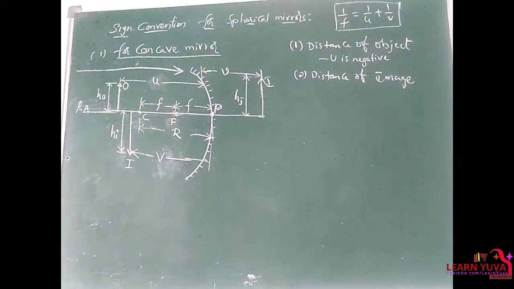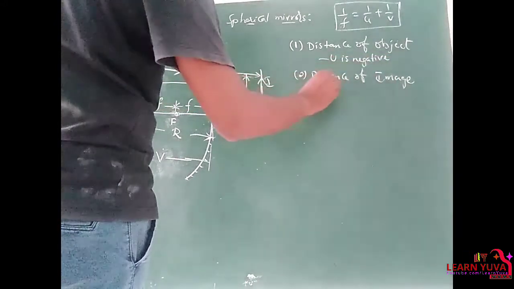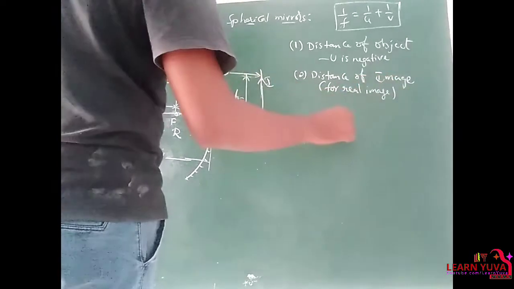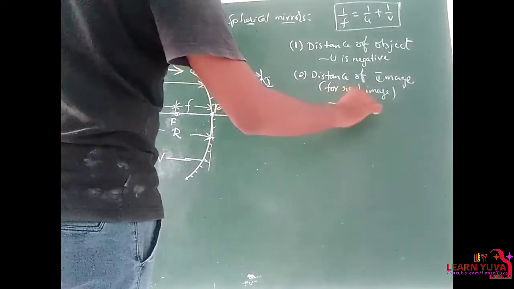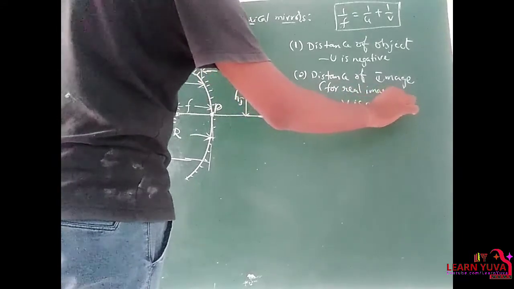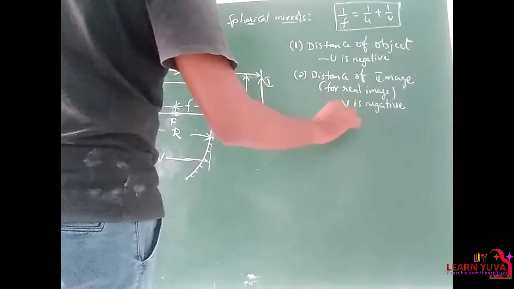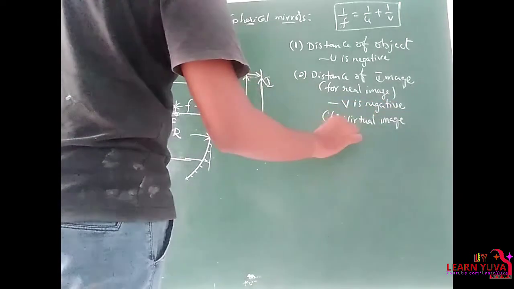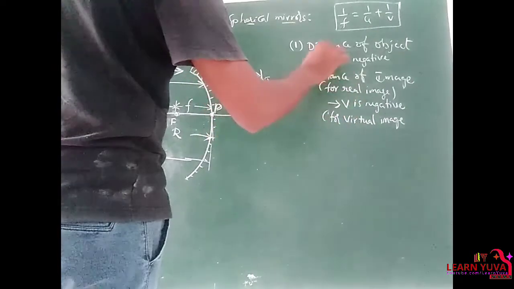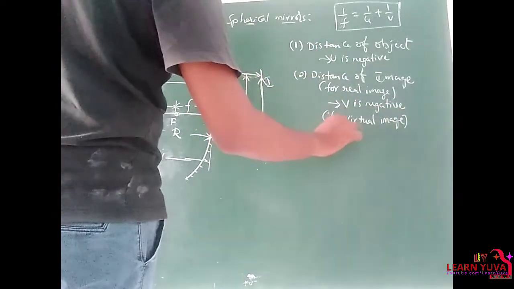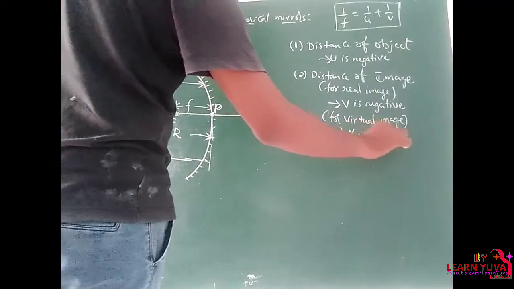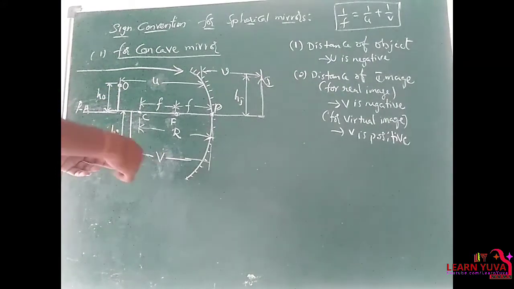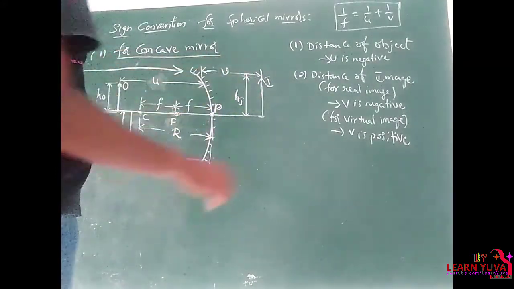For a real image, v is negative, but for a virtual image, v is positive. So for a real image v should be taken as negative, for a virtual image v should be taken as positive.